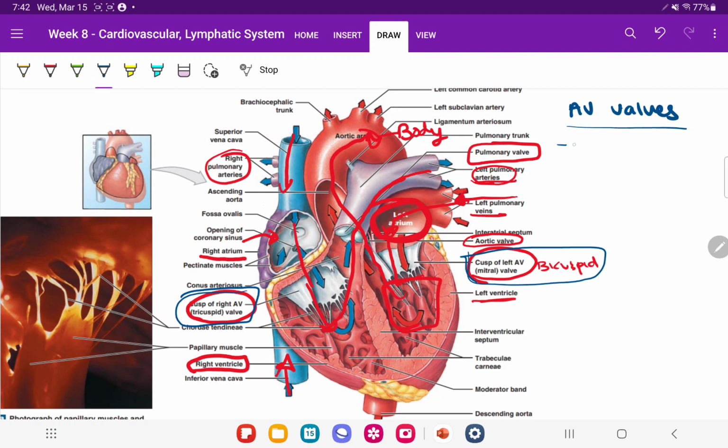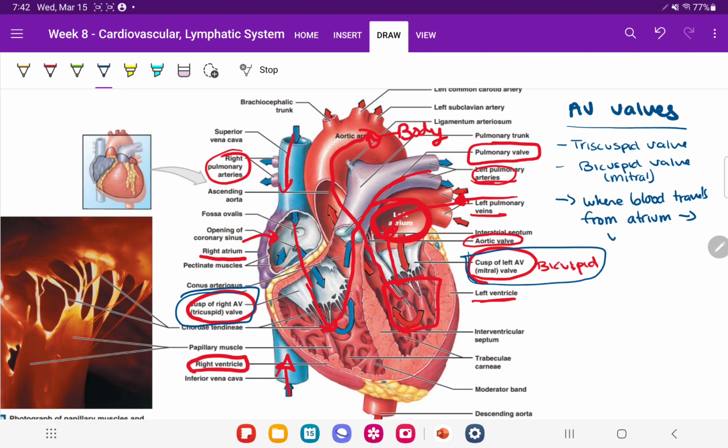You're going to have the tricuspid valve, and you're going to have the bicuspid valve. Bicuspid is also called the mitral valve. And these AV valves are where blood travels from atrium to ventricle.